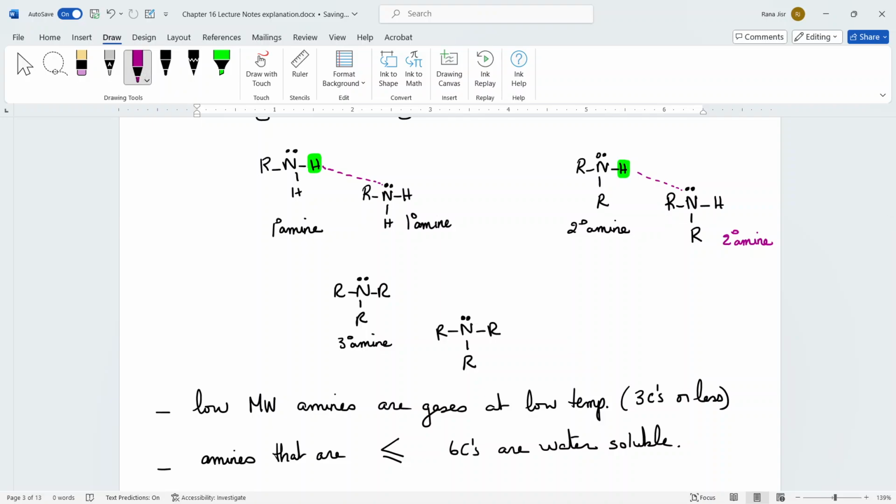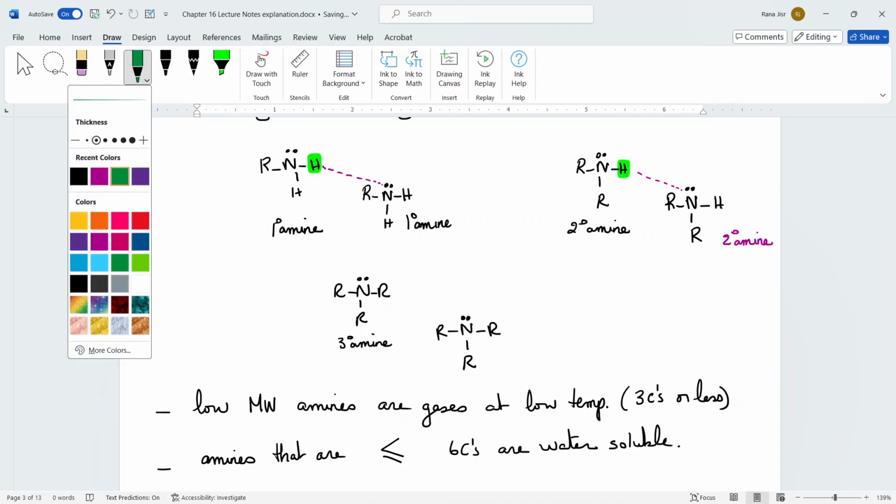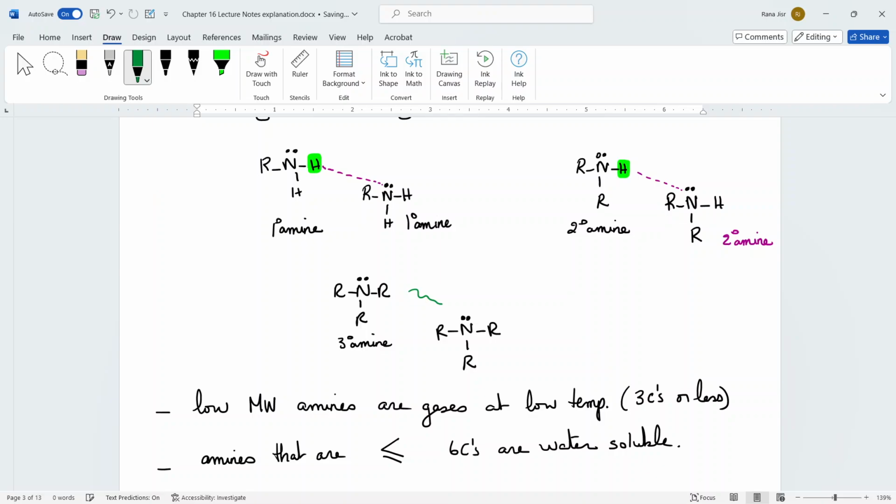This means that this will decrease the boiling point of the tertiary amines. So this is why you see tertiary amines having lower boiling points than the primary and the secondary amines, due to hydrogen bonding.